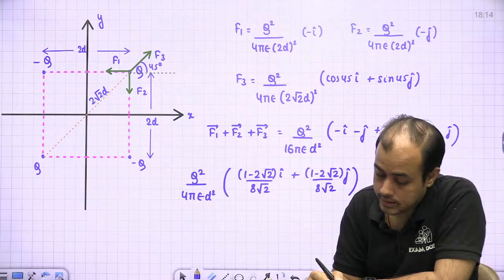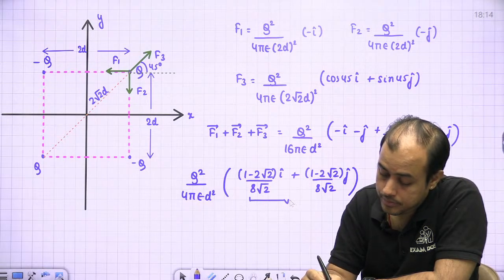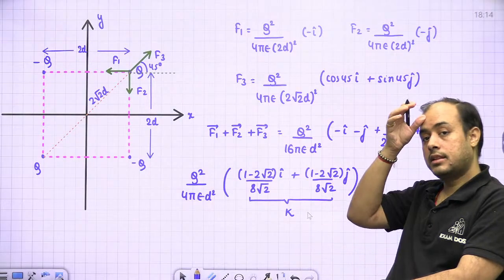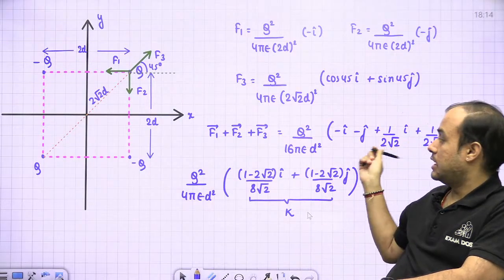So this factor is K. समझ गए? मैंने LCM ले लिया 2 root 2.